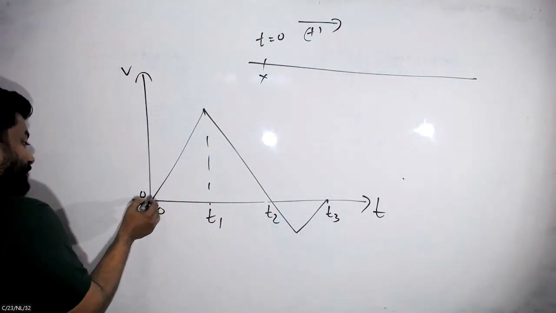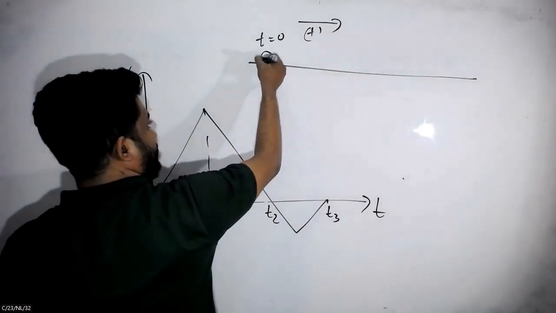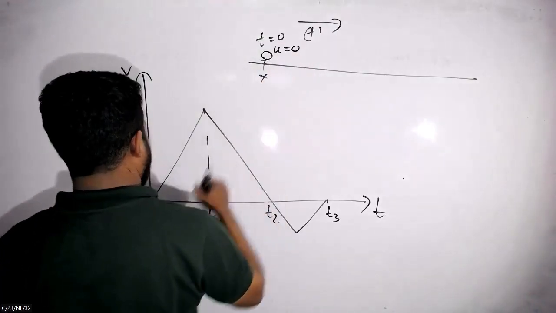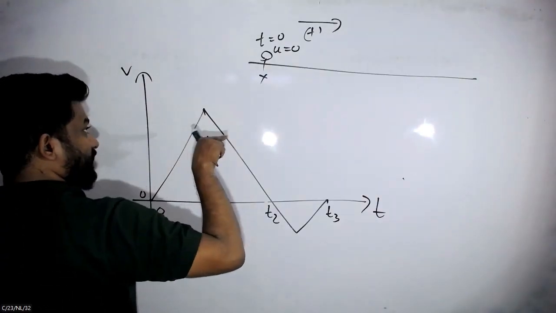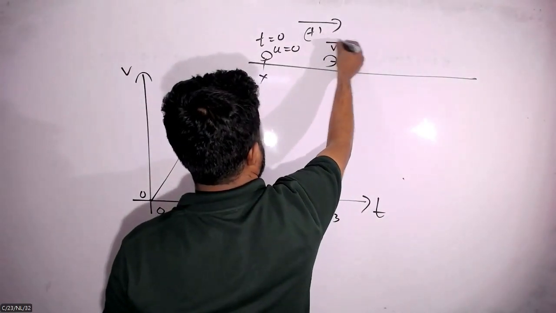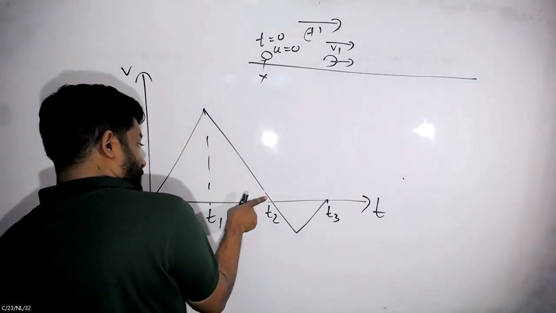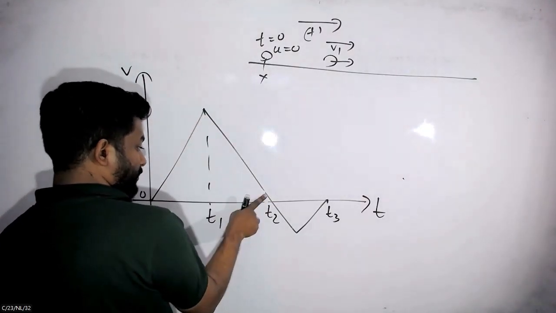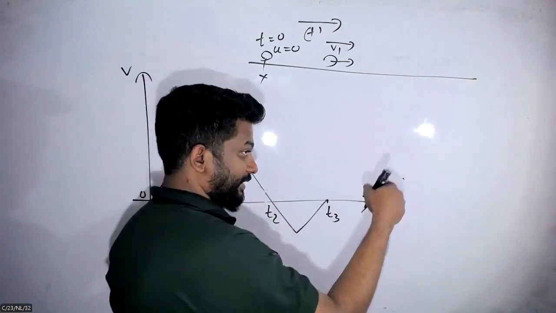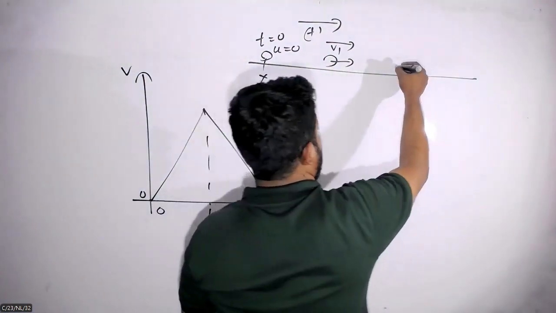Here you can observe that at t equals 0, velocity is 0. U is 0. Then it accelerates towards the positive direction. Therefore, its velocity increases. Then it decelerates, but it has positive velocities. Due to these positive velocities, even if these velocities decrease, it moves towards the positive direction.